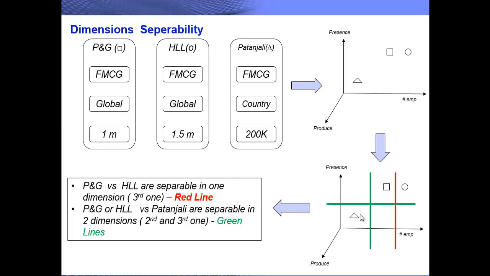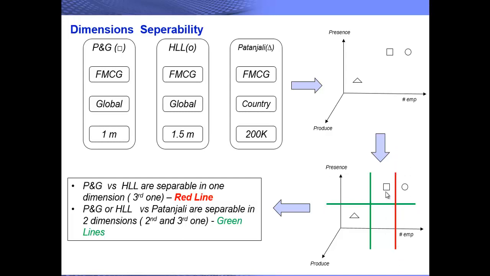But if it comes to separating Procter and Gamble from HLL, then this is the red line. So these are the lines of separability. This shows you the lines of separability.